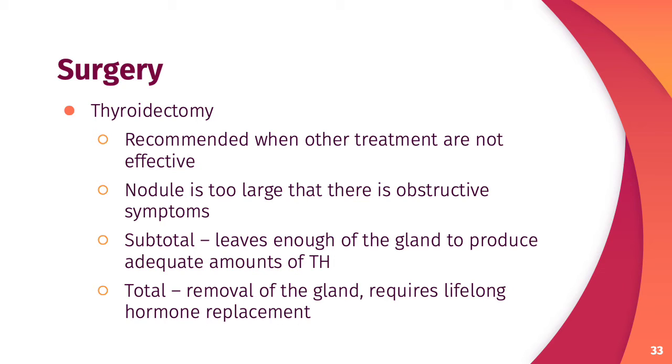For thyroidectomy, we can opt to have subtotal thyroidectomy or total thyroidectomy. For subtotal thyroidectomy, it leaves enough portions of the gland to produce adequate amounts of your thyroid hormone. For the total thyroidectomy, it's the complete removal of the gland, and it requires lifelong hormone replacement.